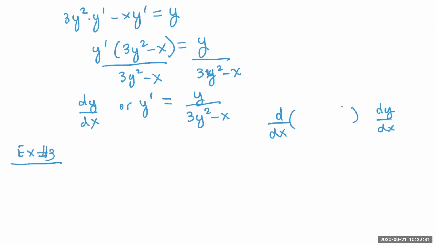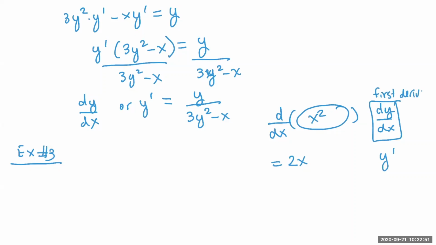So it's saying take the derivative of whatever the function is here. So if this is what I saw, it's saying take the derivative of x squared, and so my answer is 2x. When I see this expression, it represents what y prime is equal to, the first derivative. It's a notation for the first derivative, kind of like a notation for f of x.